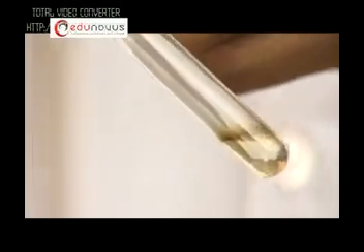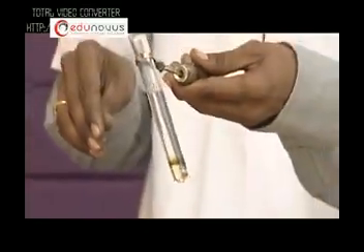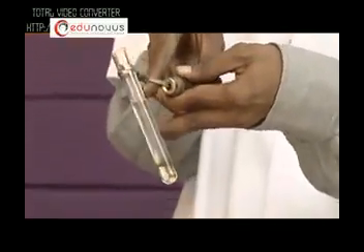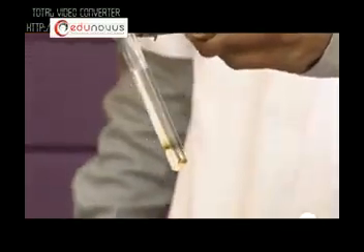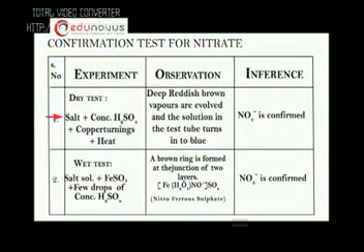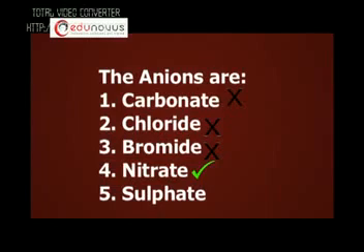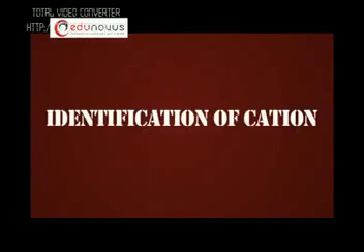A brown ring is formed at the junction of the two layers. This confirms the presence of nitrate ion in the given sample. Thus, nitrate ion is confirmed. Therefore, the anion present in the given sample is nitrate.